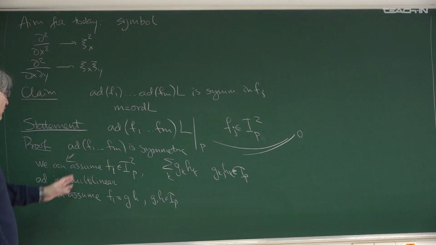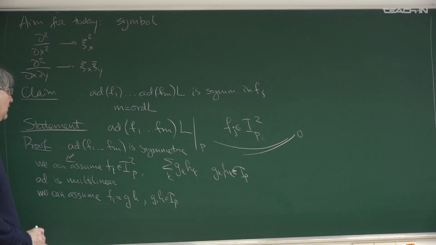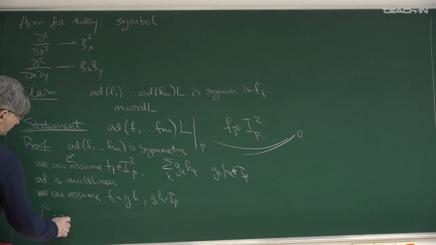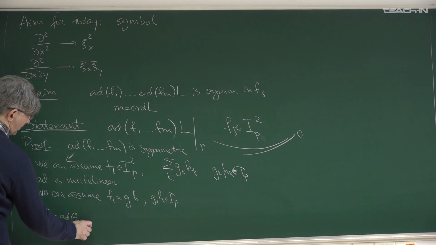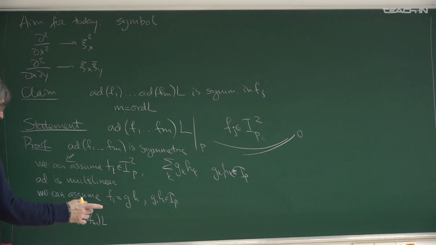Okay, so the problem is simplified as much as possible, and now we simplify it a little bit more. We define L tilde to be ad of F2 and so on up to Fm applied to L, and you will please tell me which is the order of this operator. One.